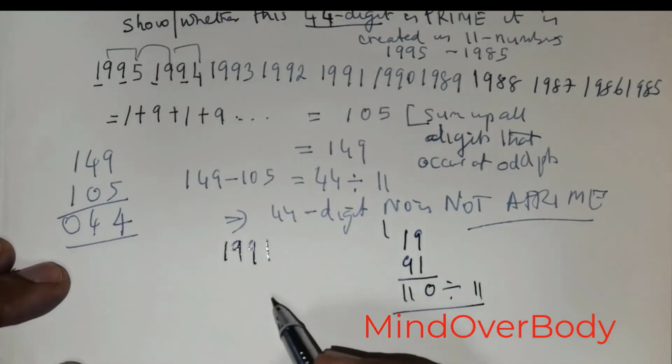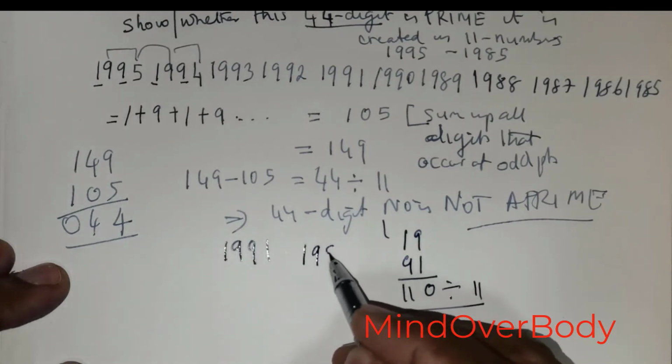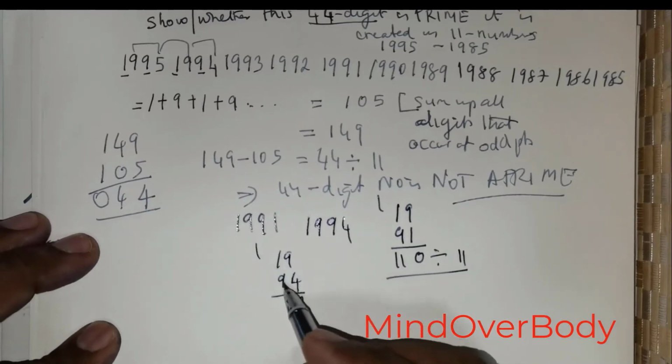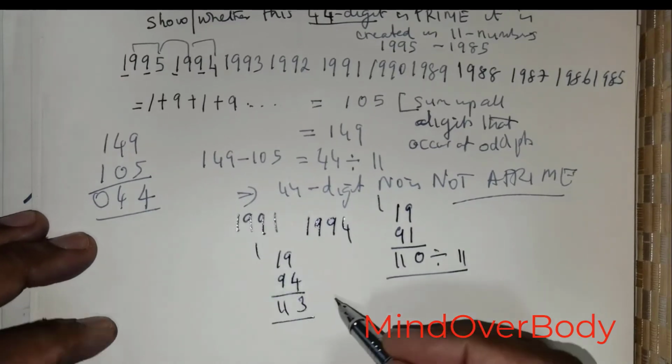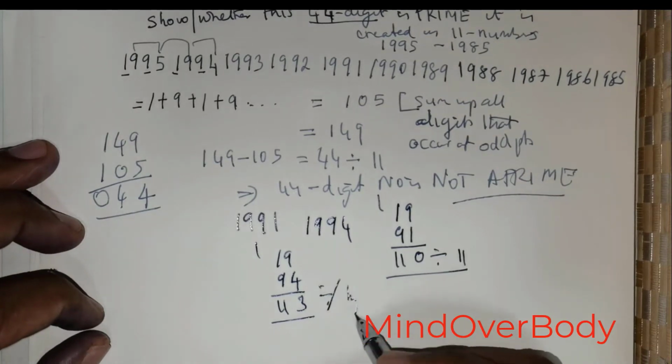On the contrary, if you were to pick another number, say 1994, and add 19 and 94, 9 and 13, 1, 10 and 11, this number is not divisible by 11. Okay, it's not divisible by 11.